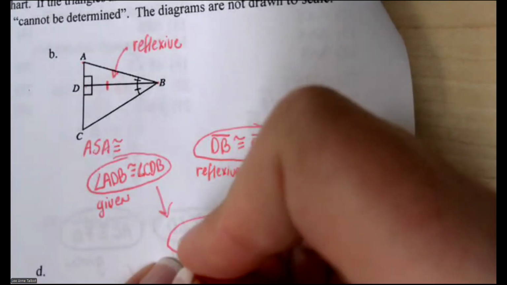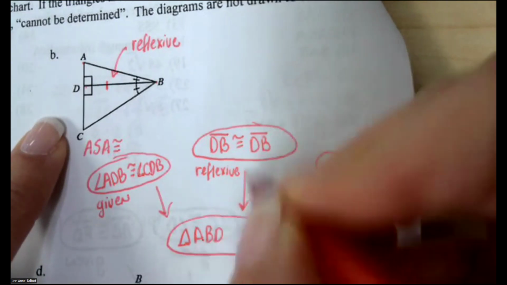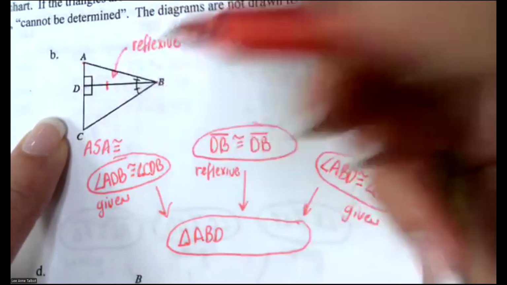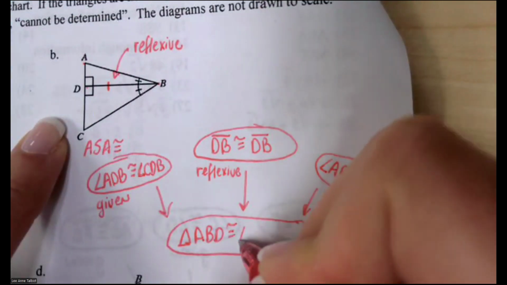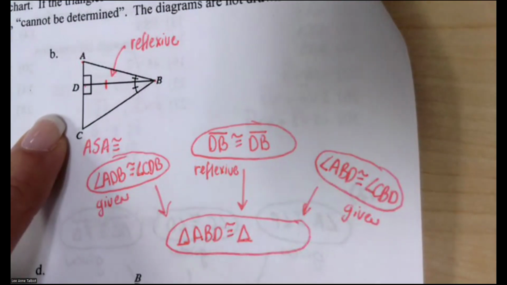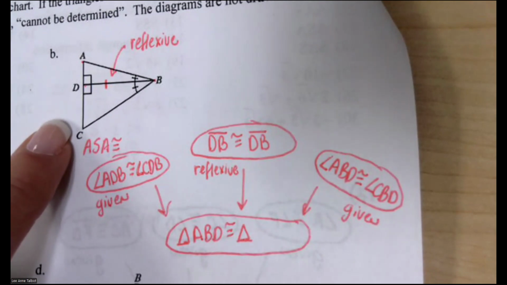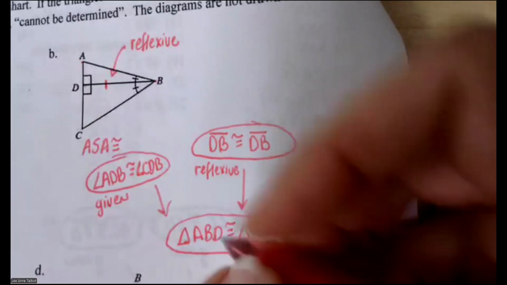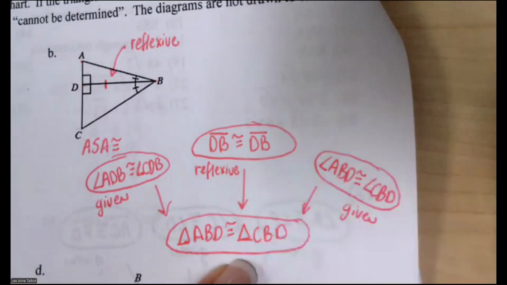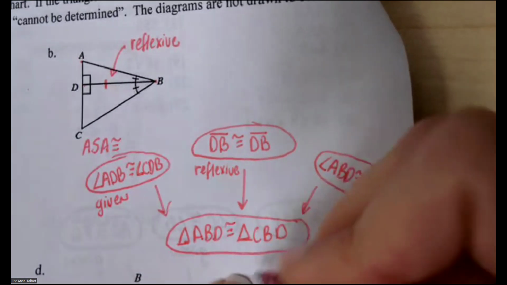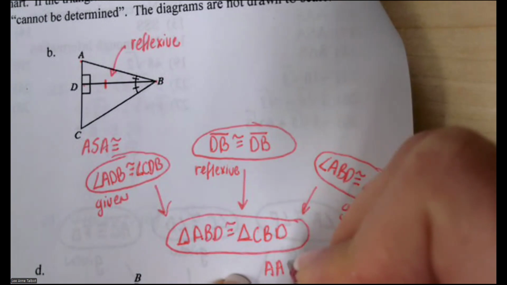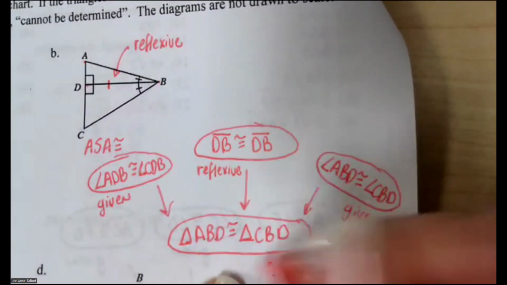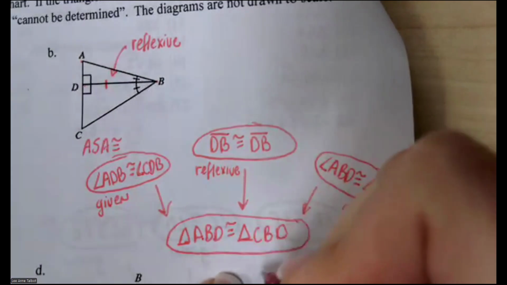Okay, now I'm going to say triangle ABD. I'm going to go in alphabetical order for the top triangle. So if I go ABD on the top triangle, I need to go CBD on the bottom triangle because those are the ones that line up. And this is angle, angle. Nope, I'm a liar. Yeah, I guess.